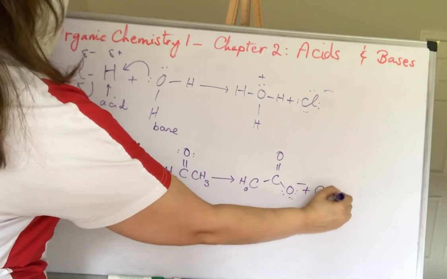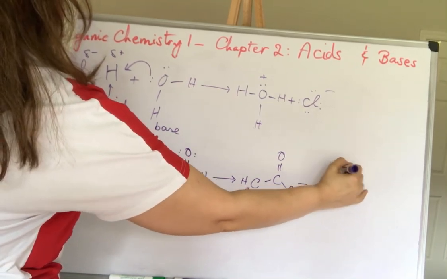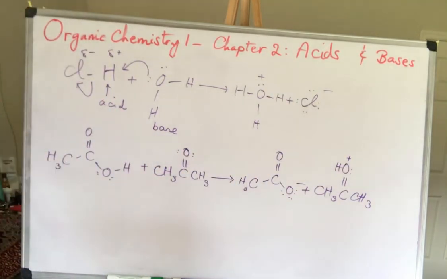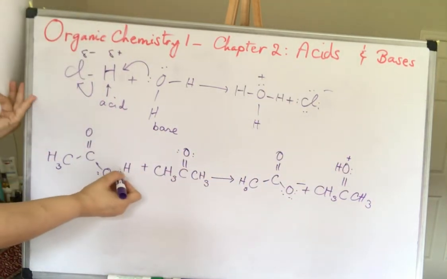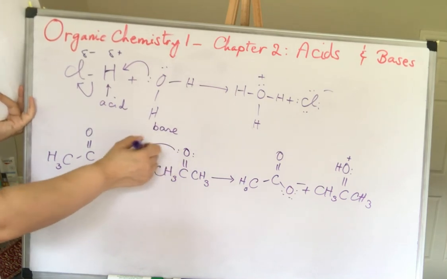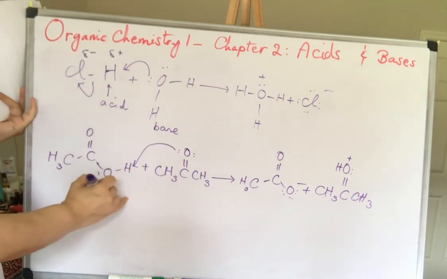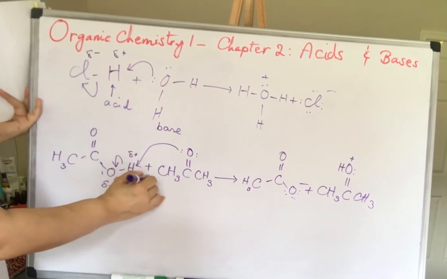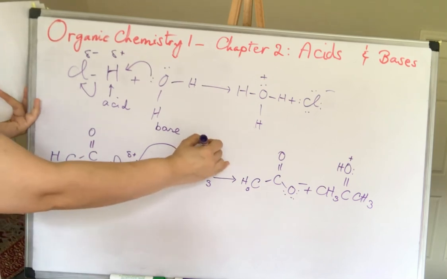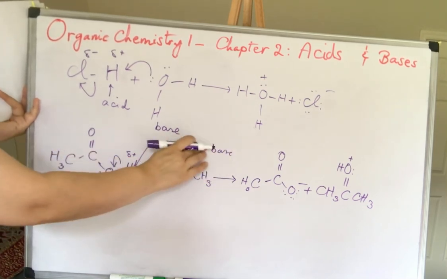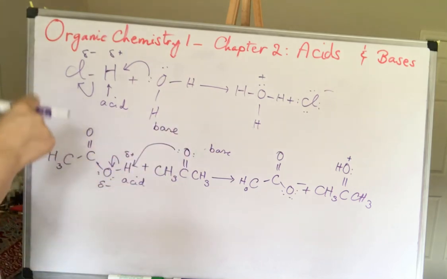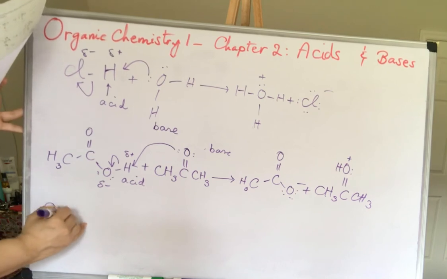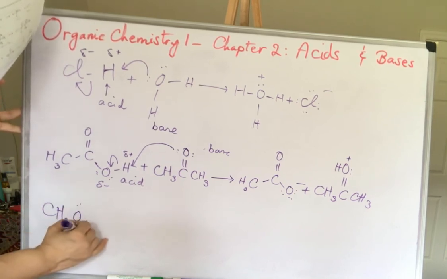It seems like this hydrogen has been taken away by this oxygen. So this is partially negative, this is partially positive. So hydrogen will be our acid and this oxygen will be the base. So that's what we end up having for those products, and I'm sure you can work on the last one, very similar to what we worked on now.